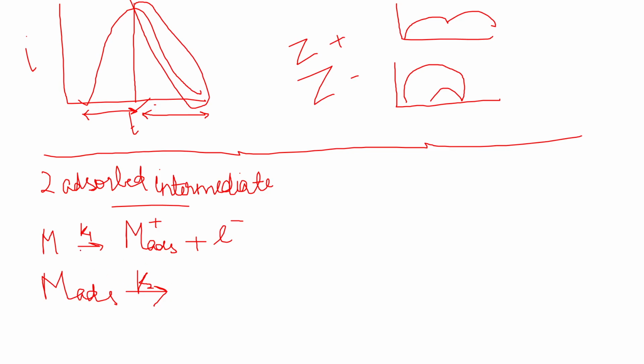Let me first write this problem. M adsorb 2 plus plus electron. And in the next step, this 2 plus goes into the solution. The second intermediate is directly going into the solution.